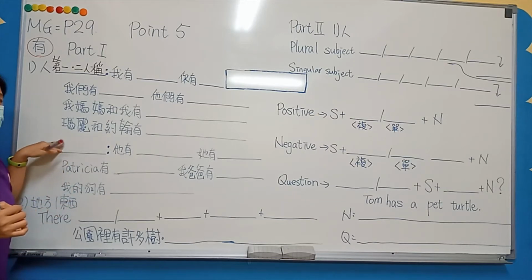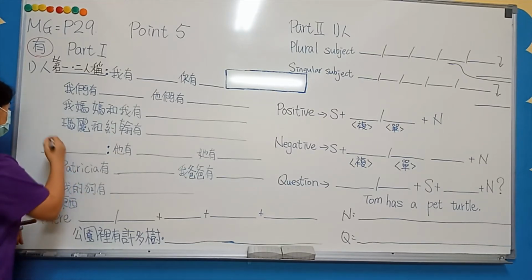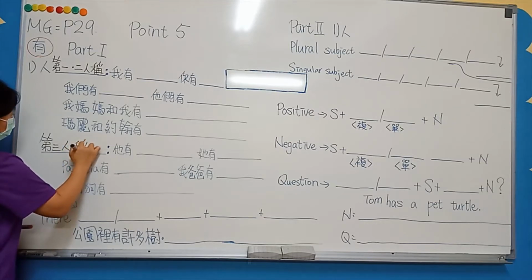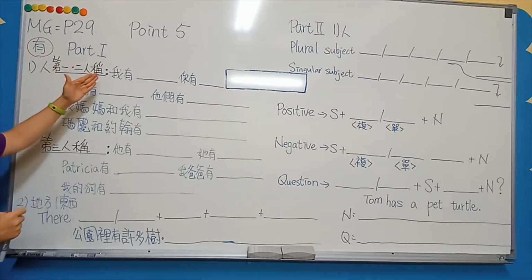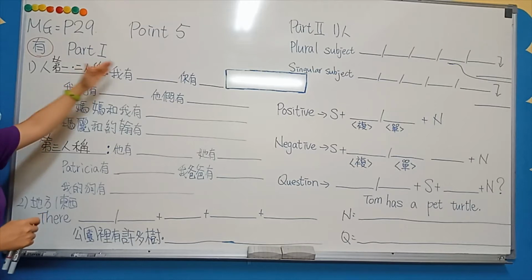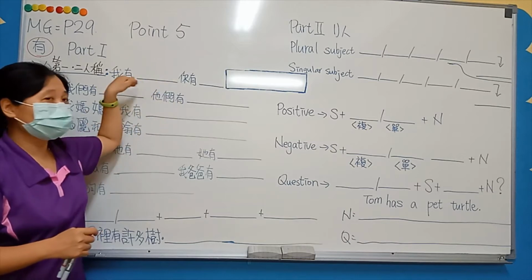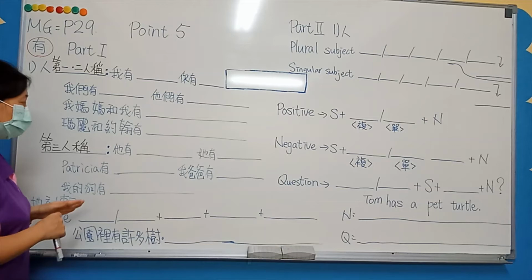And this one is for the third one, 第三人称. Can you please write it down? 第一二人称, 第三人称 here, and then the English. You can see 我有, 你有. You can see the lines. That means you need to write down the English.